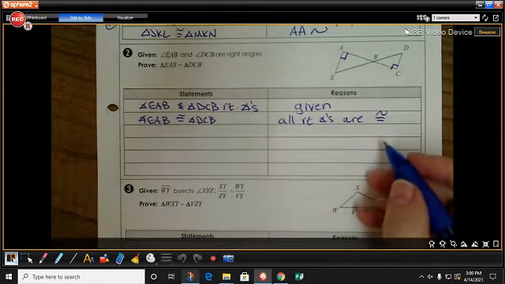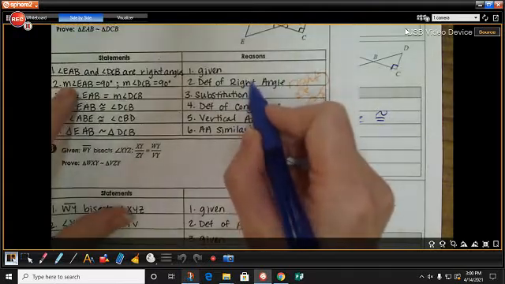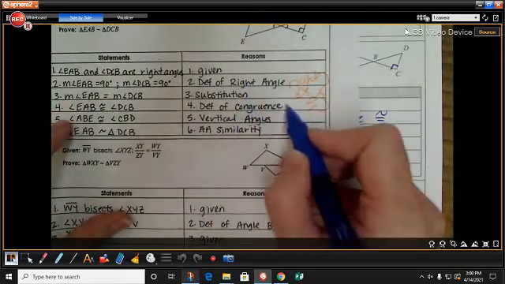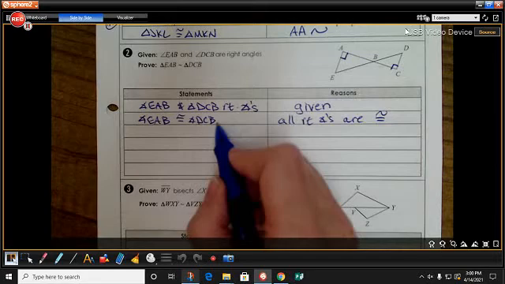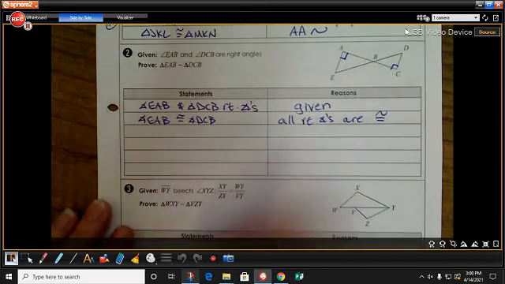And there are several steps in showing that. You can say that they are right angles, so they add to 90, and then you can substitute, and you can do a bunch of stuff and eventually get to here, but we've already proved that. And so we can just go straight to all right angles are congruent.